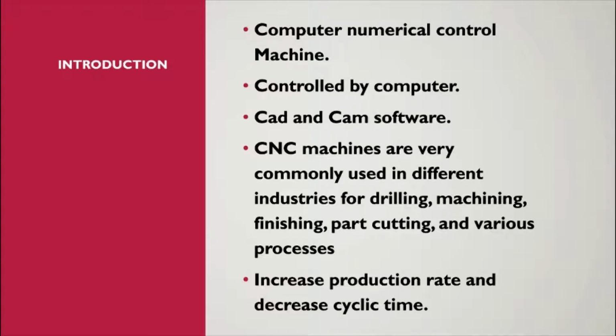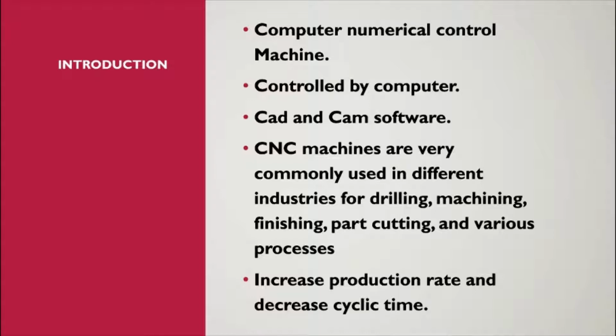So first, let me introduce what a CNC machine is. A CNC machine is a computer numerical control machine that is controlled by the computer. Two software are needed for the operation. The first is CAD software, the second is CAM software.